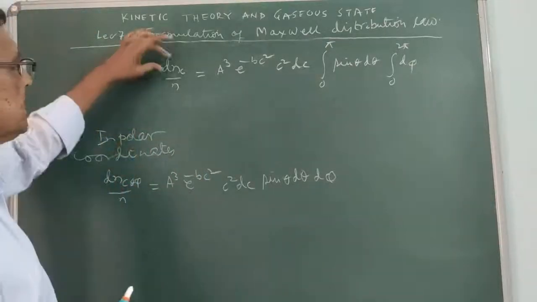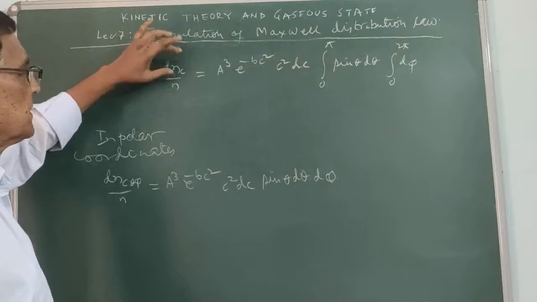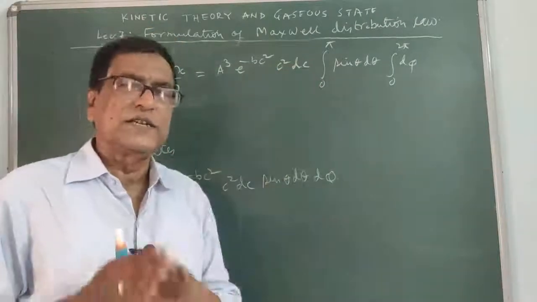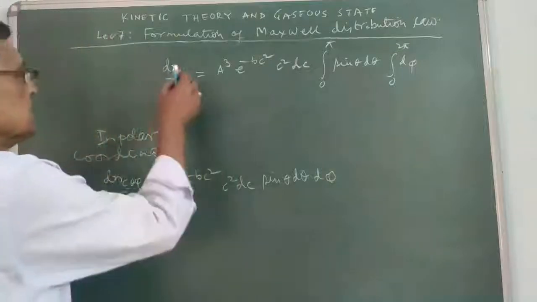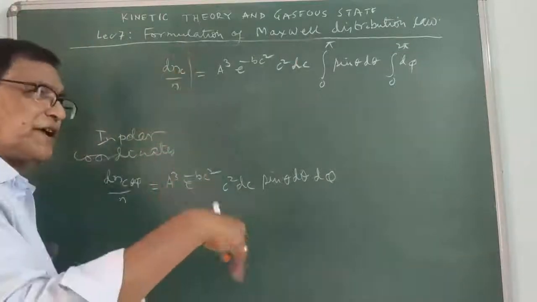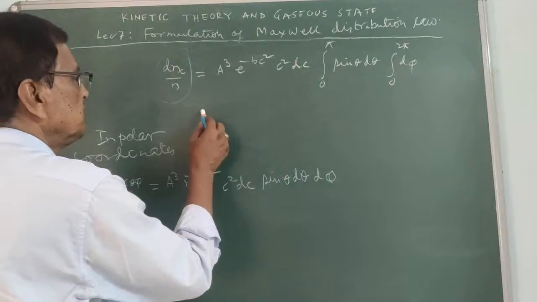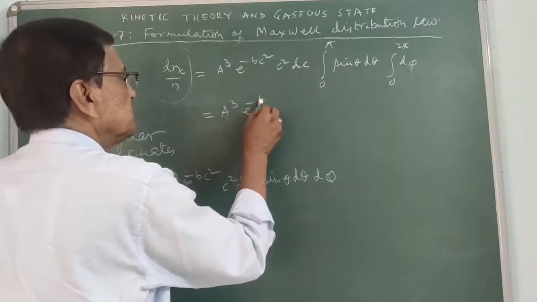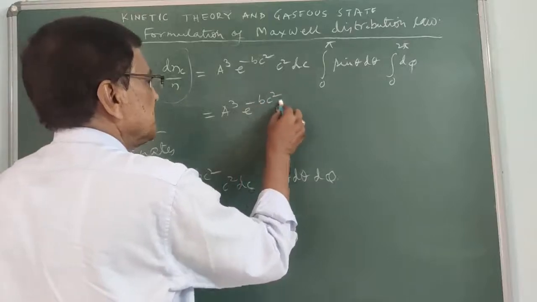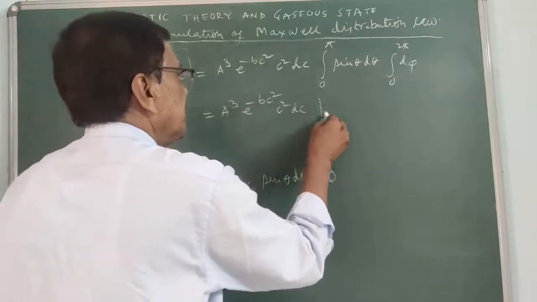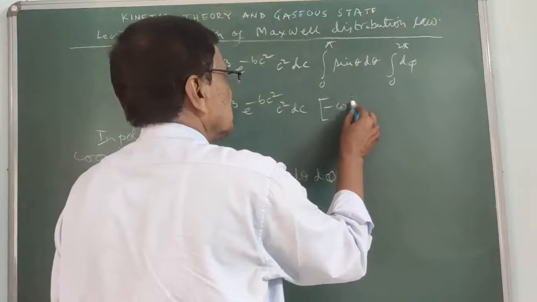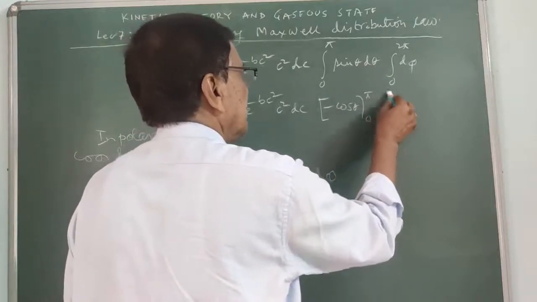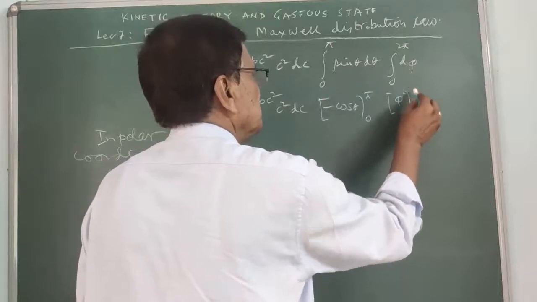So here dn(c) is the number of molecules having the speed c to c plus dc in all directions, and this is the fraction or the probability of a molecule. So this will be equal to A cube e to the power minus b c square c square dc, and here it is minus cos theta from 0 to pi, and for phi the range 0 to 2 pi.